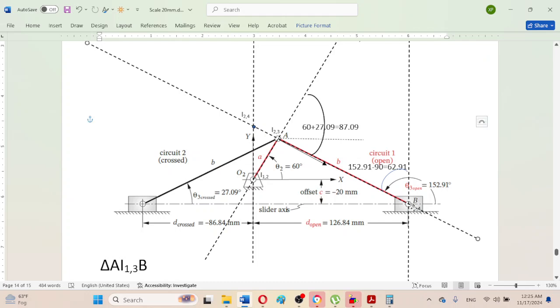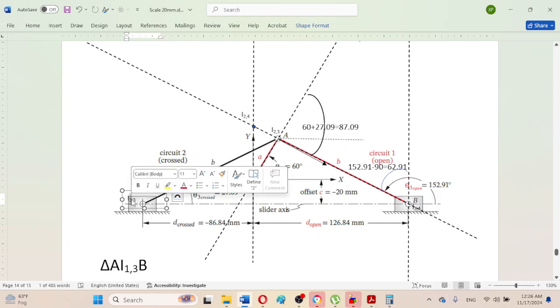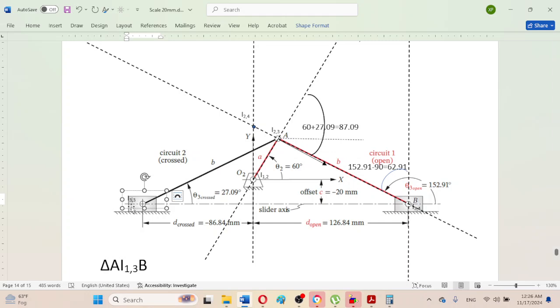So I can just, for example, copy from here and paste it here and move it here and change it to I3, or I can just put the dash symbol because in the second circuit the author has used the dash symbol for the links.